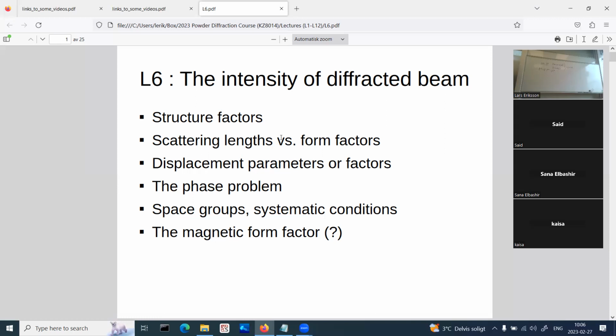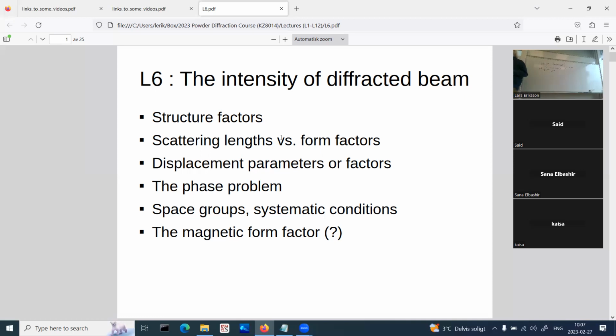Otherwise, we have the traditional type of parameters, the structure displacement parameter. But we also have the phase problem. In order to be able to use these kinds of data to find a direct space model, there are some problems to be overcome.